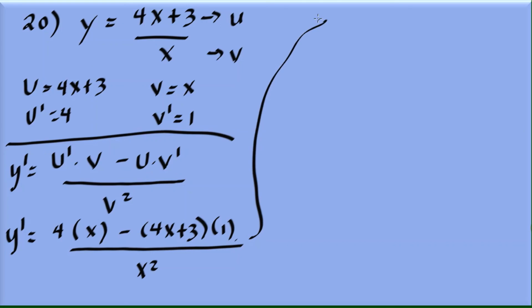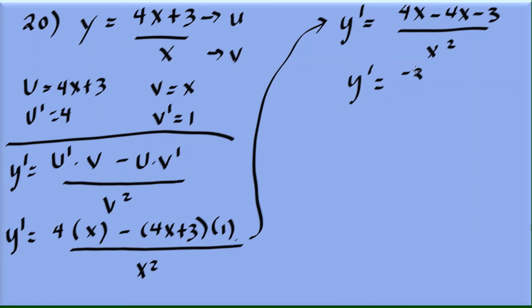Now this gave us our y prime, which is 4x minus 4x minus 3. When I distribute the negative on top over x squared, it's simply negative 3 over x squared.